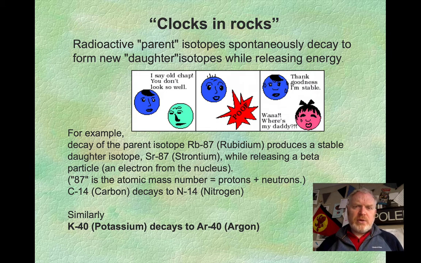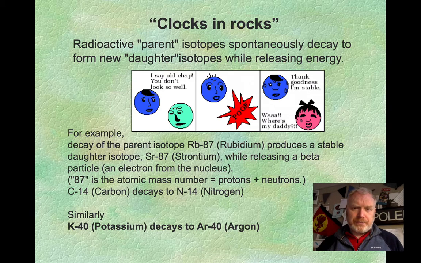So if we can find a radioactive element that was incorporated into a rock when it formed and then has decayed over time, turning from what we call a parent isotope, so a parent element, which is unstable, which then changes and becomes a daughter element, something else, something different, we can measure the amount of those two elements and establish the time between when we take that measurement and when that rock formed.